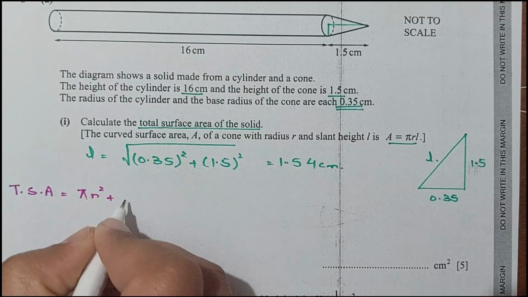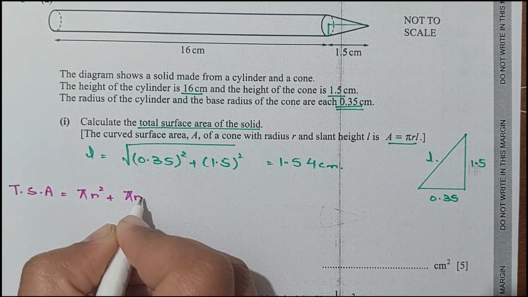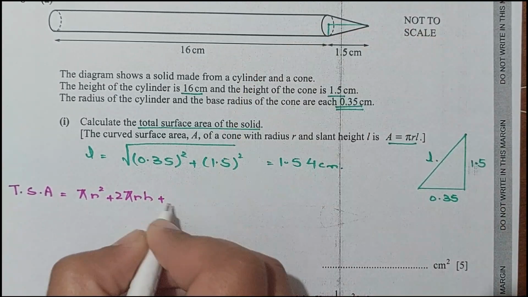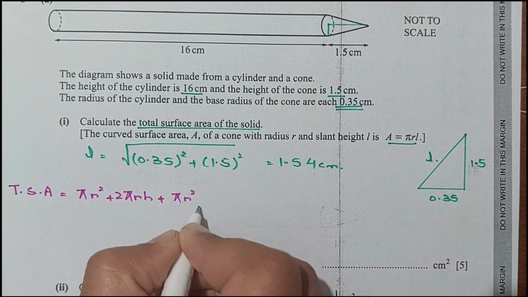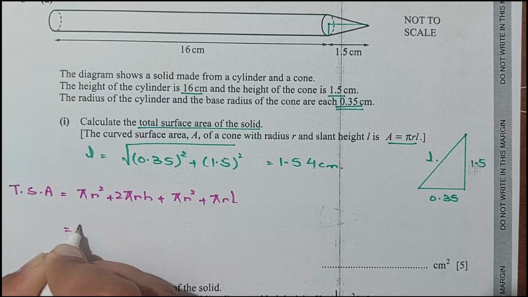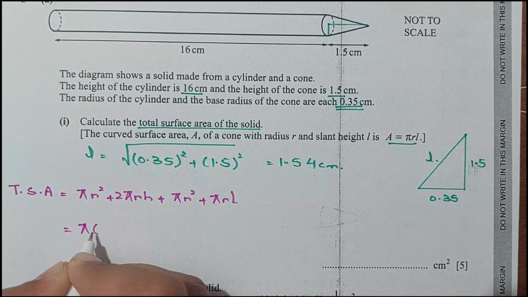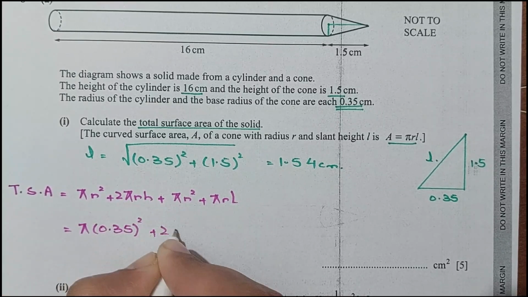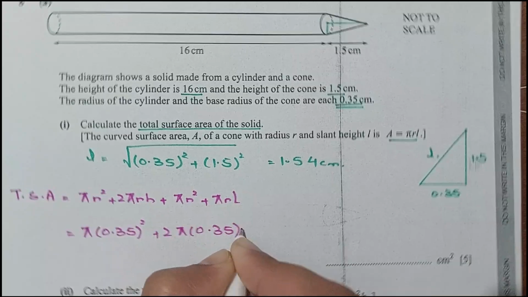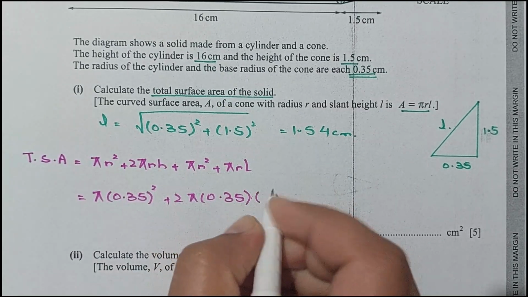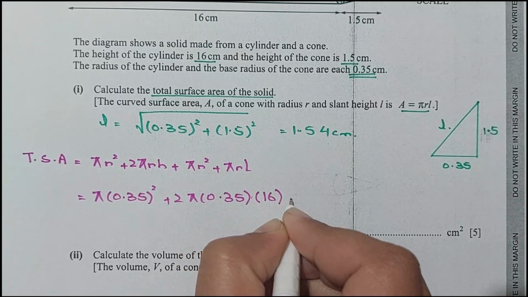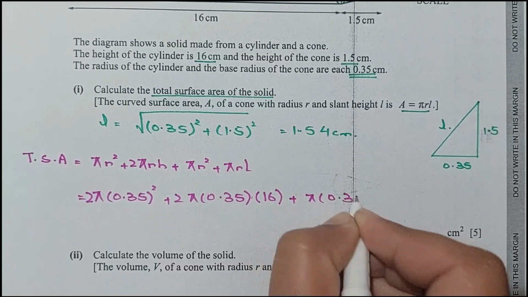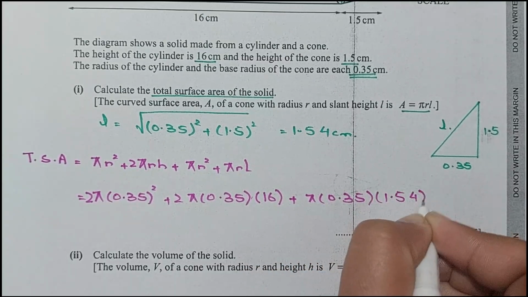The curved surface area of the cylinder is 2 pi r h, plus again the area of a circle, pi r squared, and the curved surface area of the cone, pi r l. So pi times 0.35 squared, plus 2 pi times 0.35 times the height of the cylinder, which is 16, plus again pi times 0.35 squared, plus pi times 0.35 times 1.54.